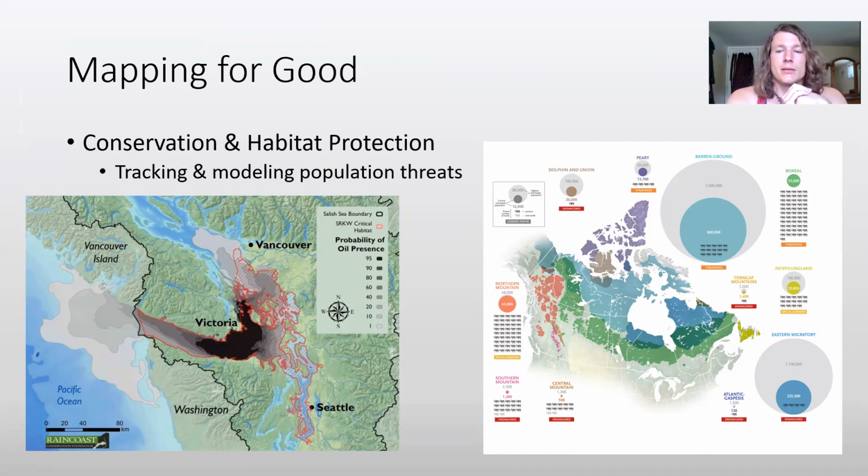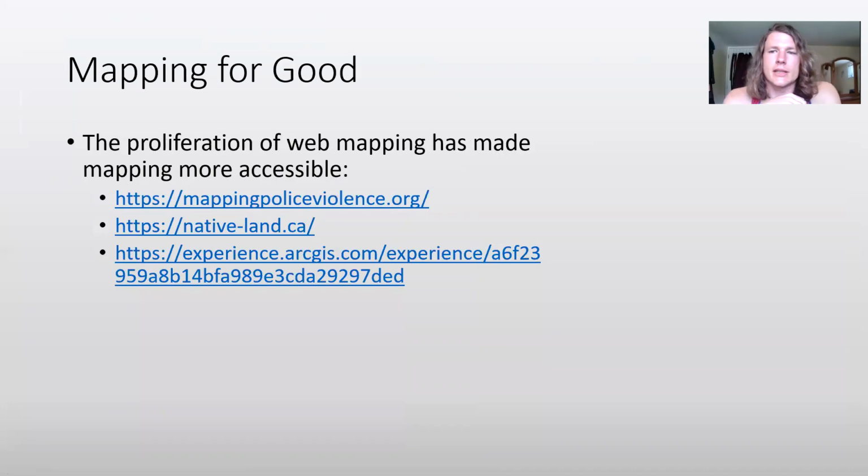You can use it to map out any variety of wildlife populations, so tracking caribou, different populations, different herds, for instance. And then just some other examples, mapping police violence in the United States. Again, the native land example that I showed at the beginning during the land acknowledgement can be used to track COVID cases and information.